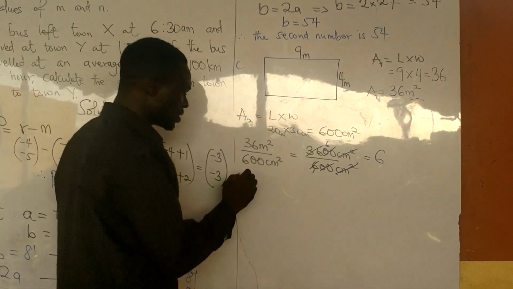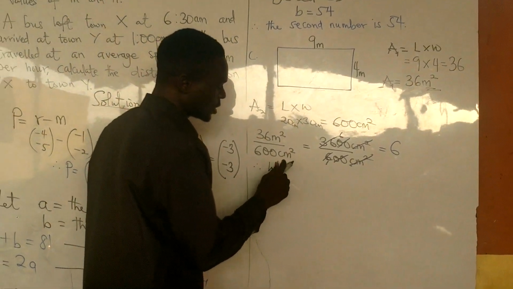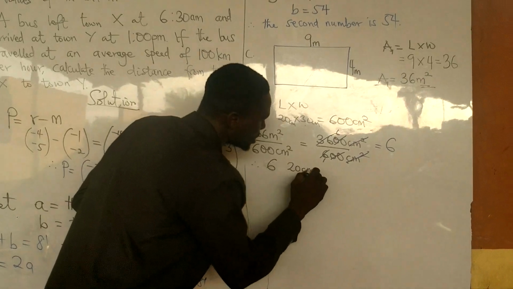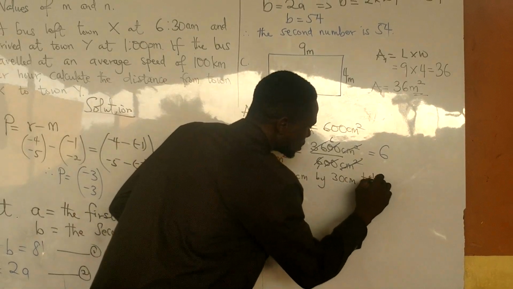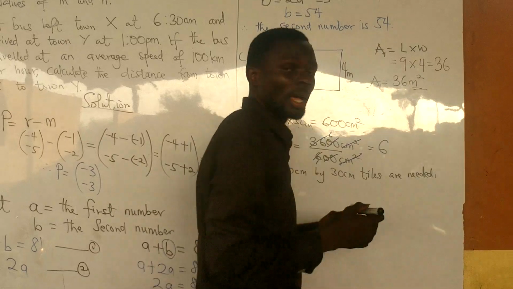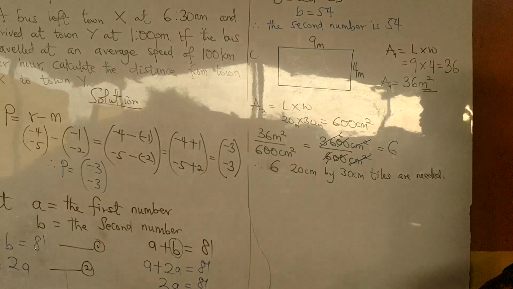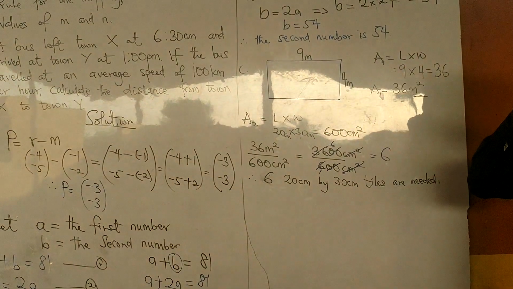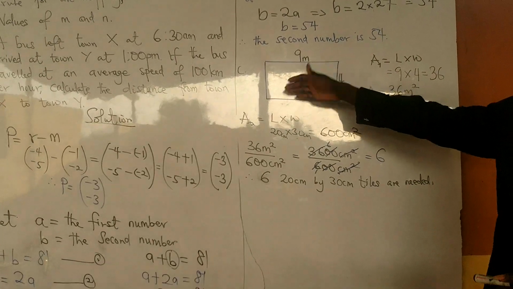So we are going to say, therefore, 6 tiles of 20 centimeters by 30 centimeters are needed. And this is the number of tiles that you need to fill the rectangular hall. Sorry for that.